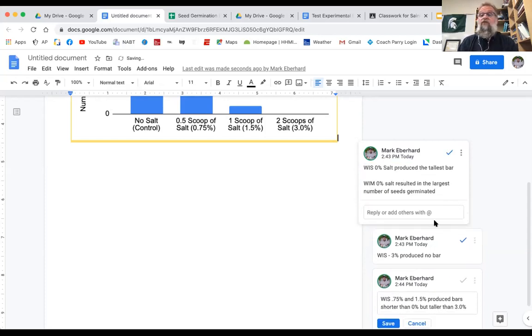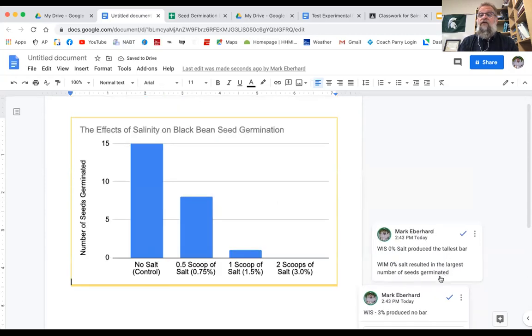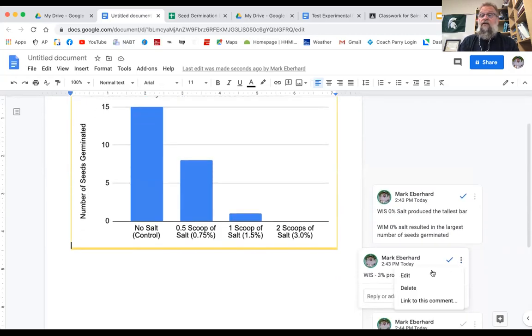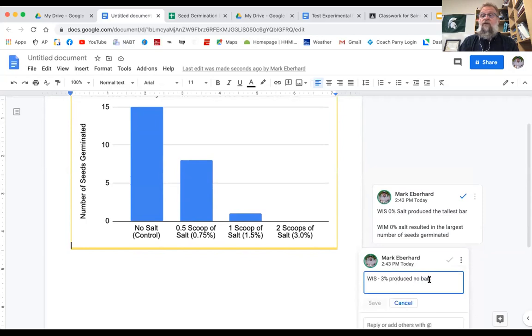That's what that means to me. And come down here. I can, again, edit this or add a comment to it. So I'm going to go down for the whim. What does it mean that it produced no bar? It means no seeds germinated. No seeds germinated, 3% salt prevented seed germination.